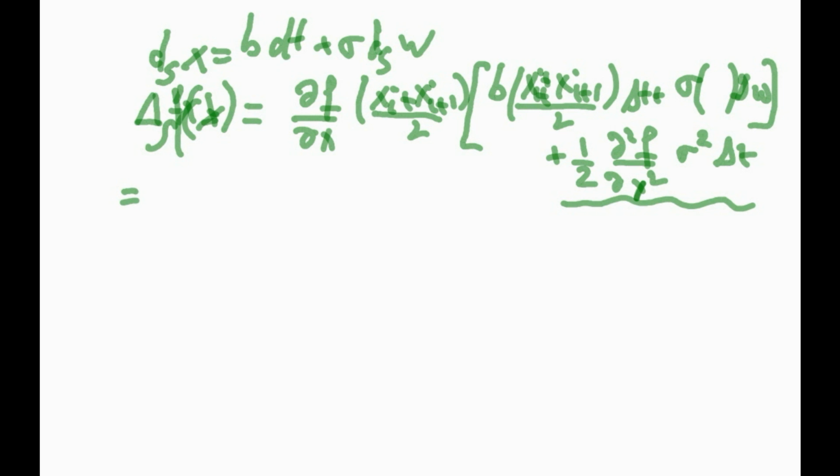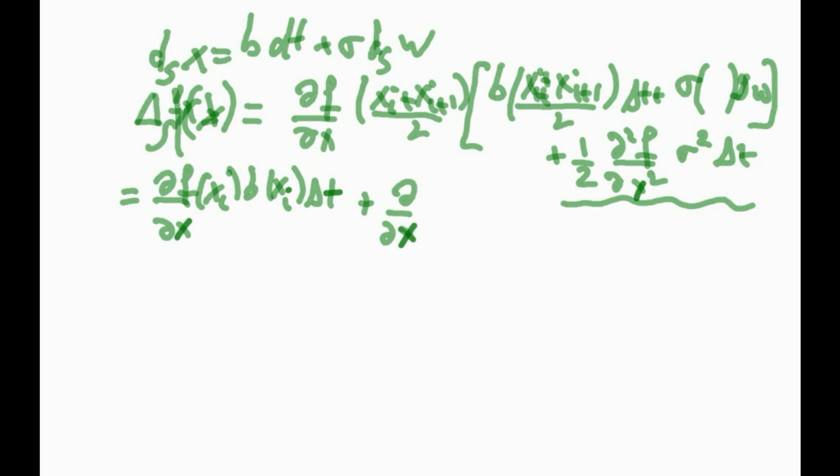So what you'll get is df/dx at the point x_i multiplied by b(x_i) Δt, plus, and then you have to use the first derivative, d²f/dx² multiplied by b Δt.